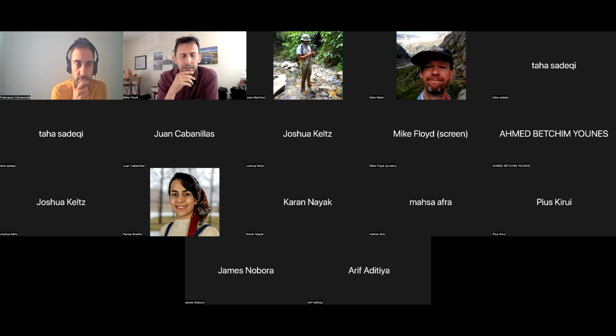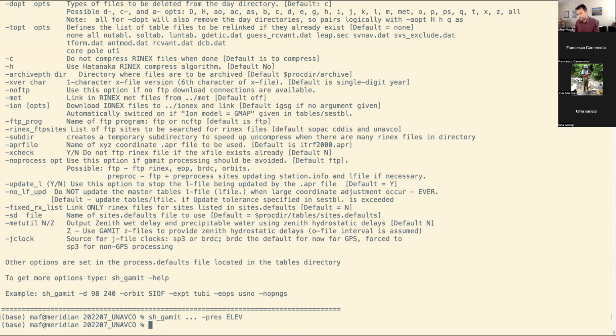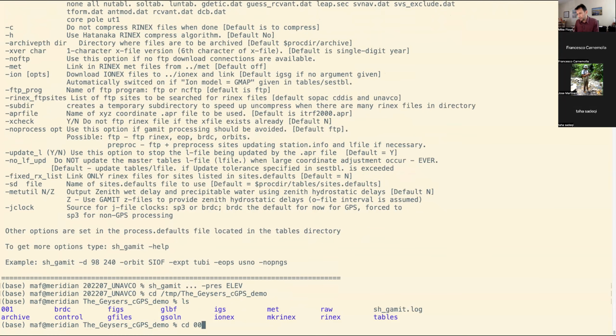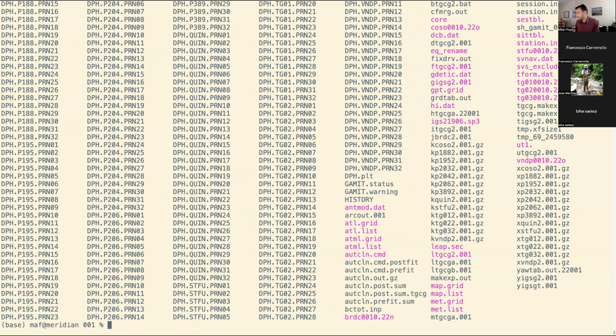I don't think we have anything that does that, but you could plot those values for yourself, because the phase residuals are saved to a file. You just need to make sure that you keep that file. So let me show you that briefly. Okay, perfect.